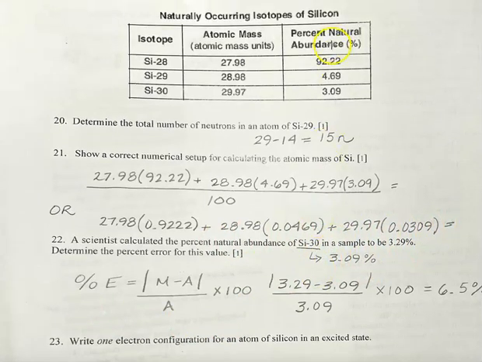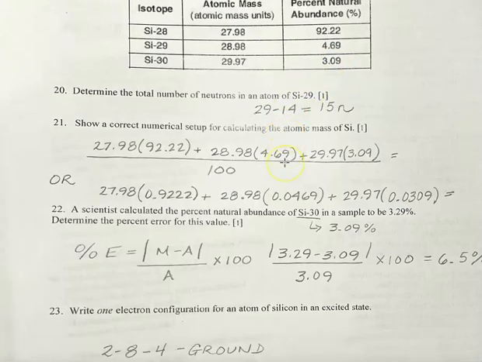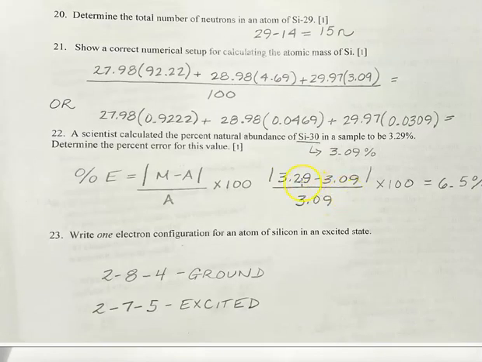The accepted value is what we see up here in the chart. Si-30 has a natural abundance of 3.09. So 3.29 minus 3.09 divided by 3.09 times 100 gives us a percent error of 6.5.